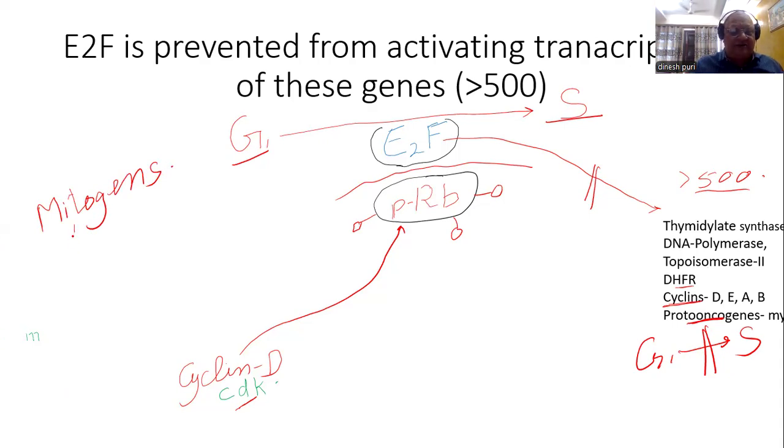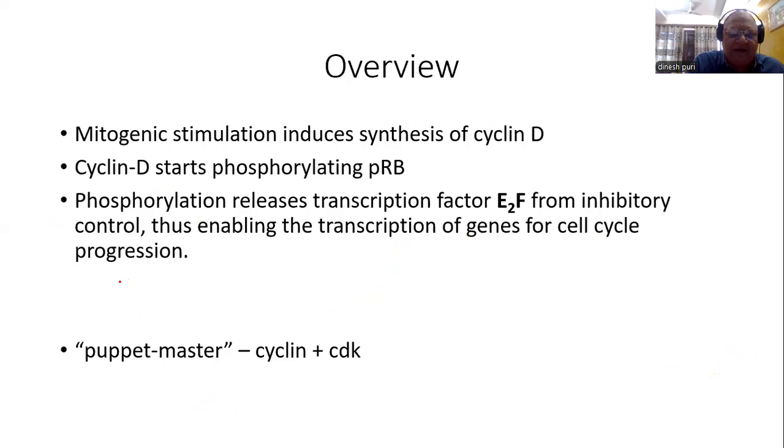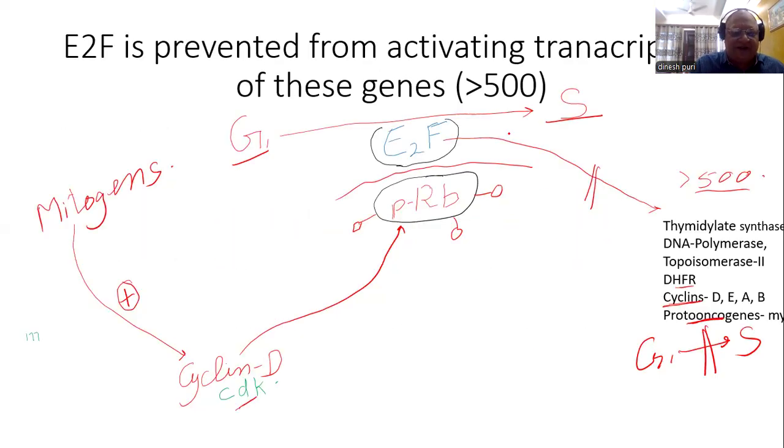Mitogens appear late in the G1 phase and stimulate cyclin D. In fact, cyclin D is the only cyclin which is under control of a mitogen; the rest happen spontaneously. Anyway, that is beside the point. So now an overview: mitogenic stimulation induces synthesis of cyclin D. The first part: mitogen, and the synthesis of cyclin D increases.